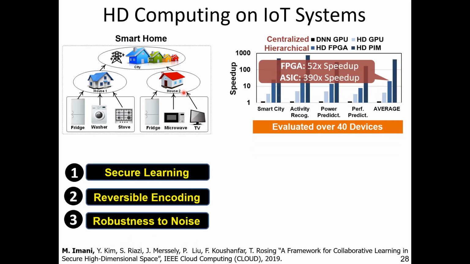But besides these features that I explained, we actually observe other interesting features of HD computing too. One is about the security of the learning task, which we are collaborating with Intel on. We are looking at whether, if we are sending information to a cloud, I can assume HD data is secure by itself.